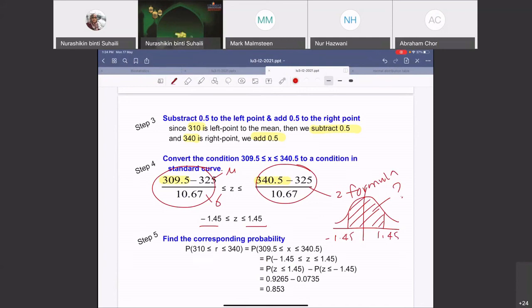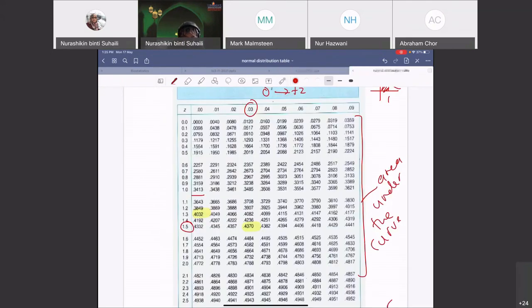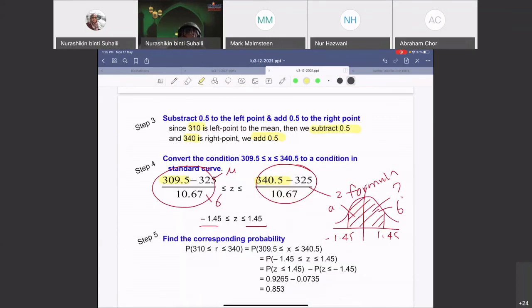This workout here, don't refer to this, it's a bit confusing. What you have to do is find what's this area. Let's name it as B, and this is A. So the B area is when Z equals 1.45. 1.45 is here, 4265, so this is 0.4265, and we know that it is symmetric.